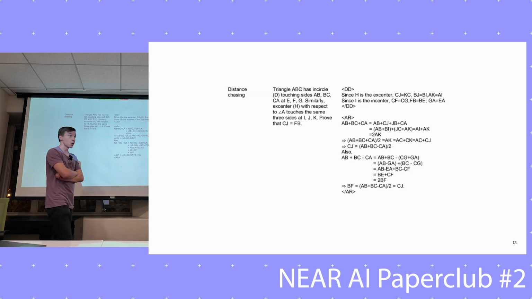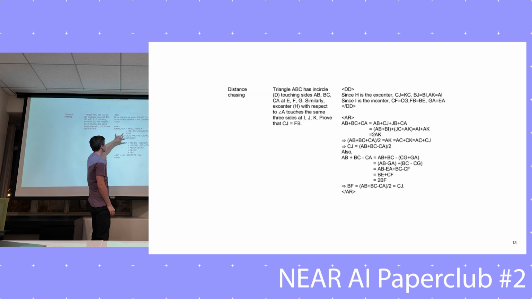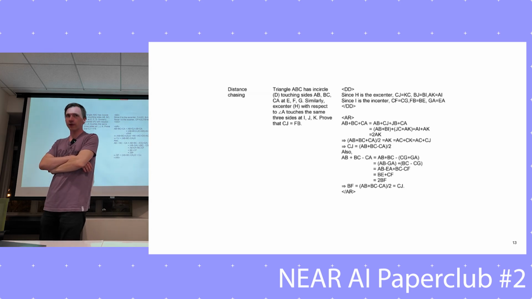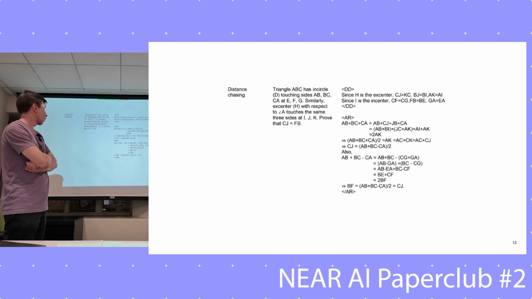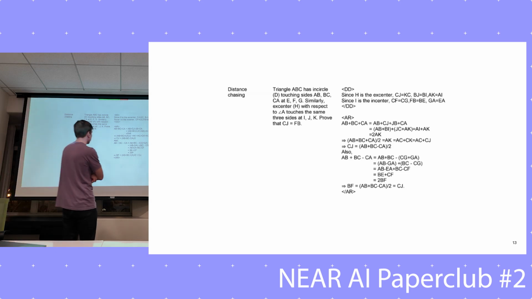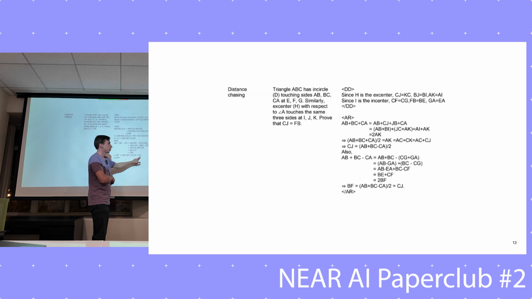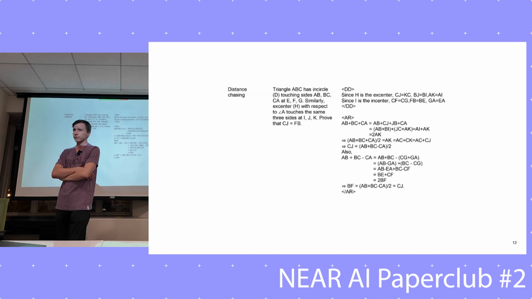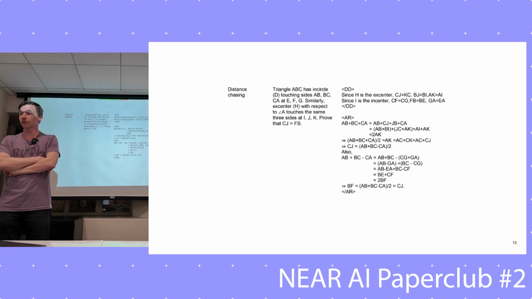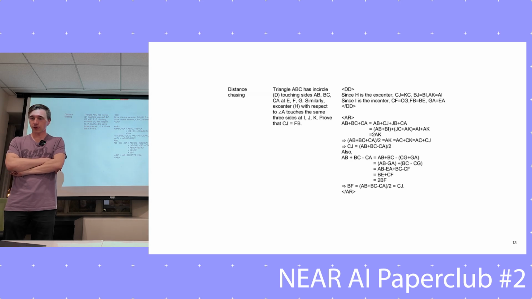Now that they have those, they switch into AR, where they can write down all the relationships and do algebraic inference, where they eventually conclude that VF is equal to CJ. So it is sort of like a markdown language for geometrical relationships.